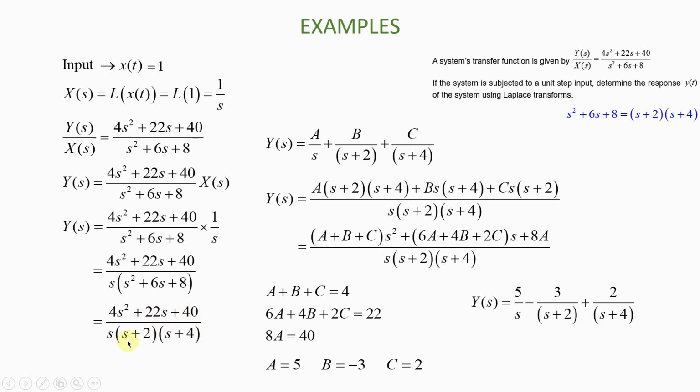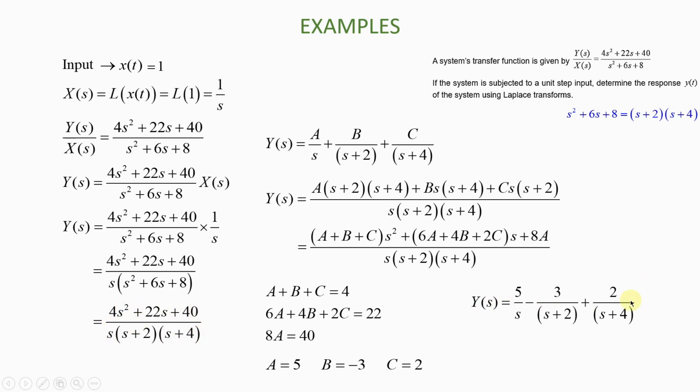But why was it important for us to simplify this expression and turn it into that? It's because with this here, it's very easy to find the function y(t) in the time domain. With that here, it's really difficult because nowhere in the table do you find an expression that looks like this.